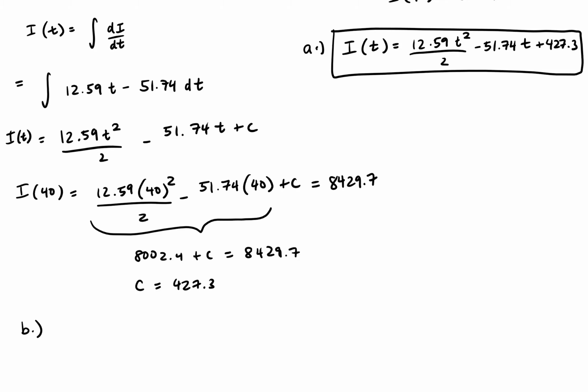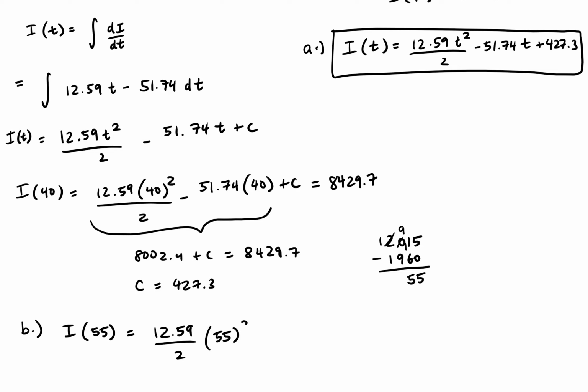And then part B asks, what does I of t predict for the US total personal income in 2015? Now, 2015 minus 1960 is 55 years. So we want to evaluate I of 55, which is going to equal 12.59 over 2 times 55 squared minus 51.74 times 55 plus 427.3.